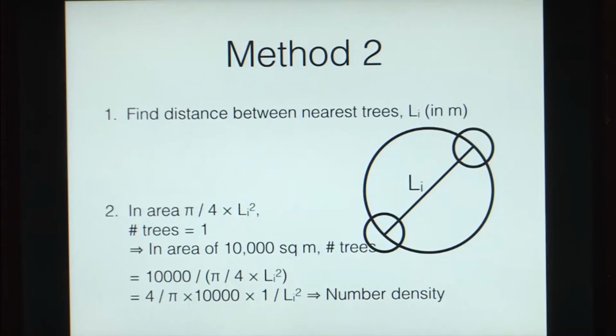We first find the distance between two nearest trees. Let that be Li. That is the distance between two nearest trees, and this is the ith sample that we have taken. How does it look in a picture? Suppose this was one tree, and this is another tree. These are the nearest two trees. Any other tree is at a greater distance from our sample tree.